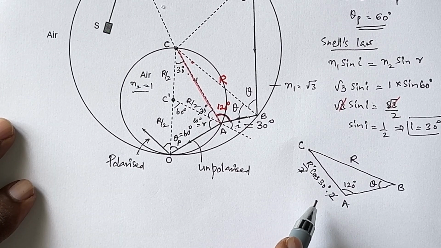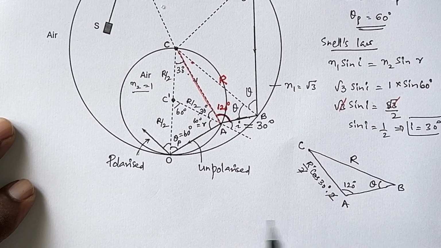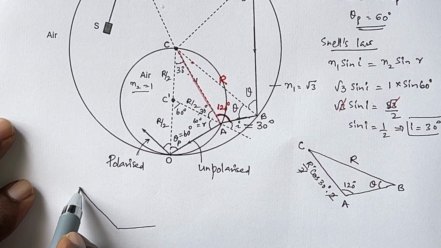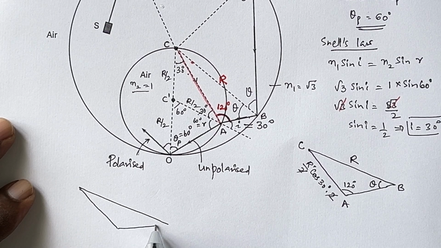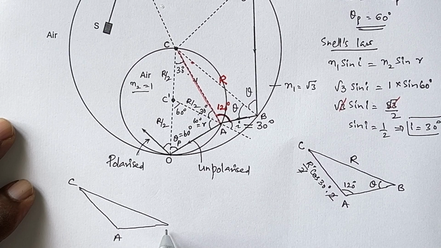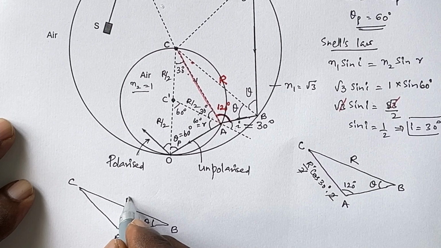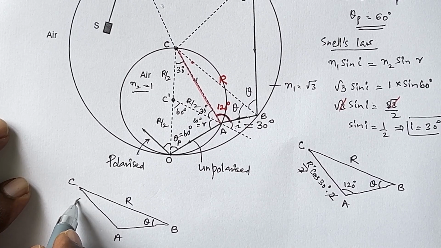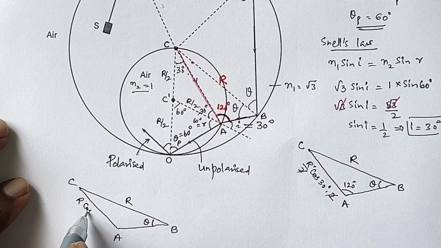So finally I got the triangle like this. This is C, this is A, this is B, this theta we have to calculate. CB distance is radius R, CA distance is calculated, that is R cos 30 degrees.